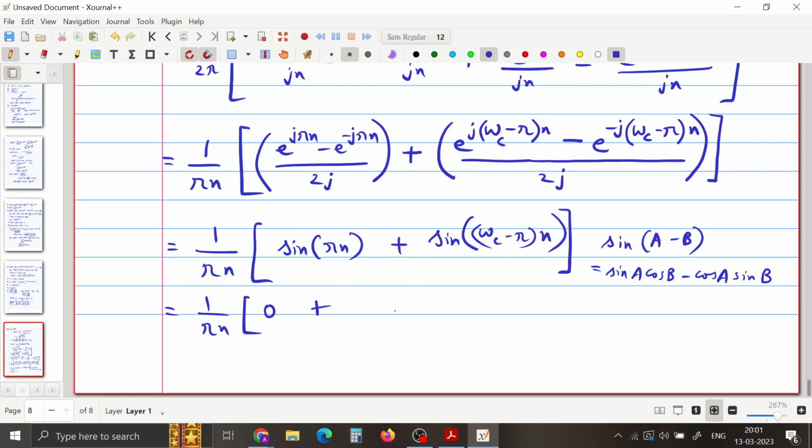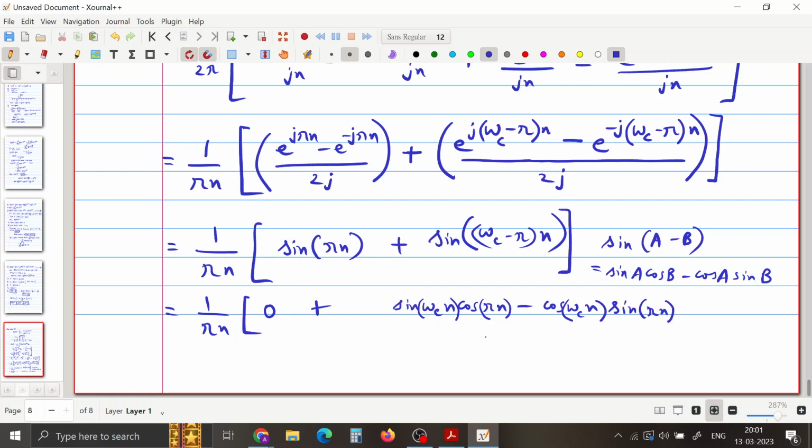You get sine omega c n cos minus pi n, and cos minus pi n is the same as cos pi n, minus cos omega c n, in brackets, times sine minus pi n, sine pi n.